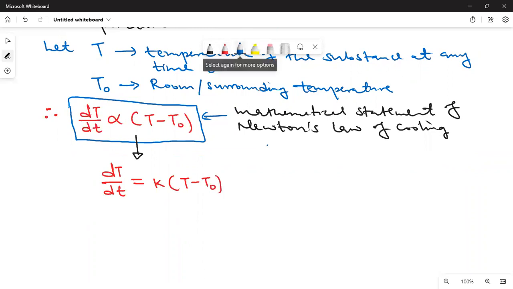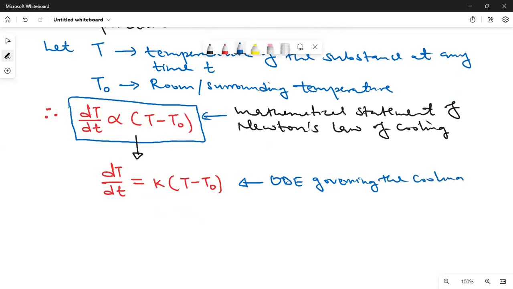So this is the ODE governing the cooling of a substance.